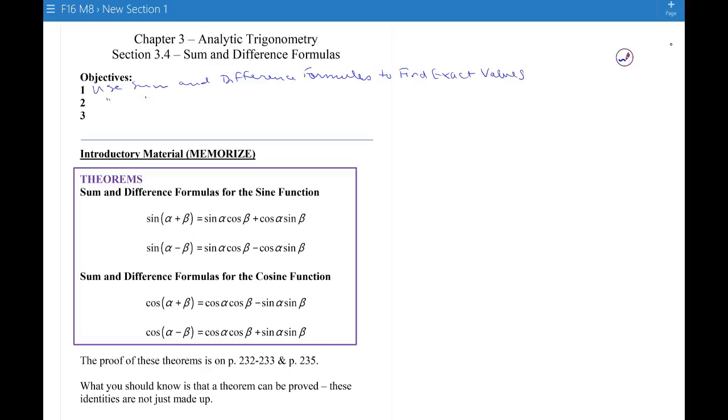And then we're going to use sum and difference formulas to establish identities. And then use sum and difference formulas involving inverse trig functions.